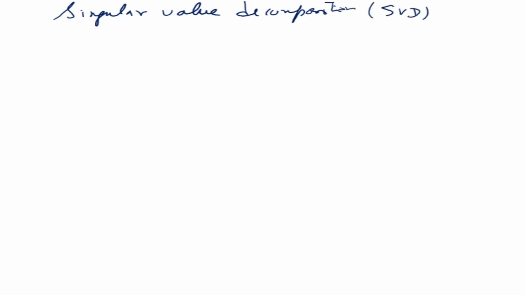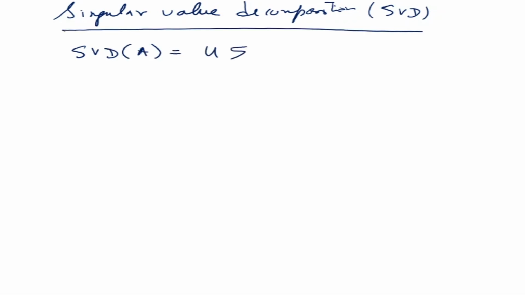So singular value decomposition, in short called SVD. The singular value decomposition of a matrix A is breaking this matrix up into 3 matrices, U, sigma and V transpose, in which case U and V transpose are orthogonal matrices.